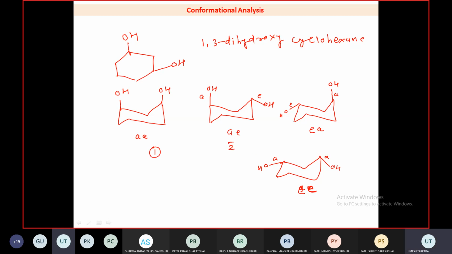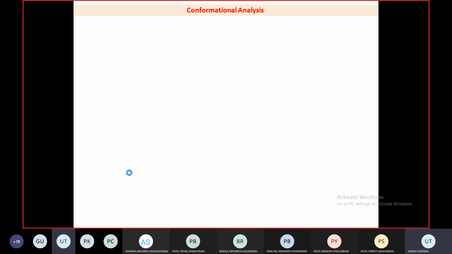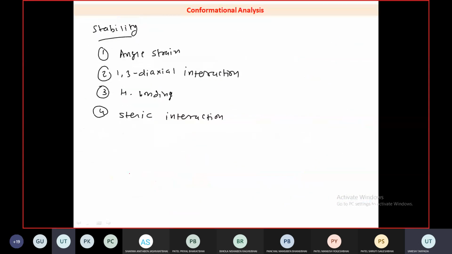You may write the fourth one, but it is the wrong answer. You may expect the fourth one is the most stable because of less steric interaction. But look at here, don't forget to count this factor.